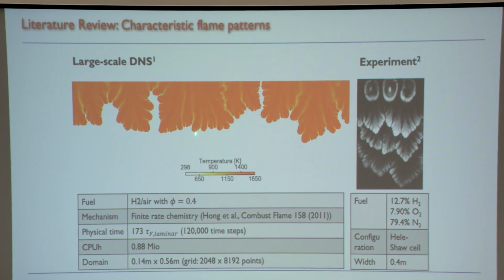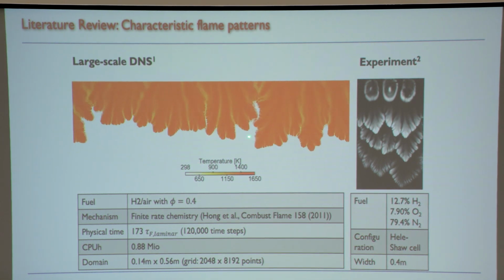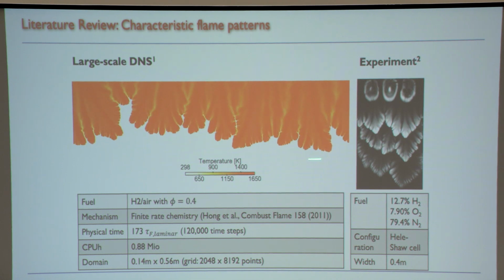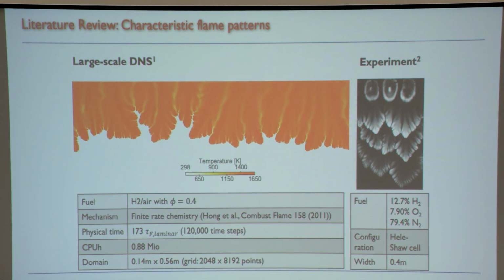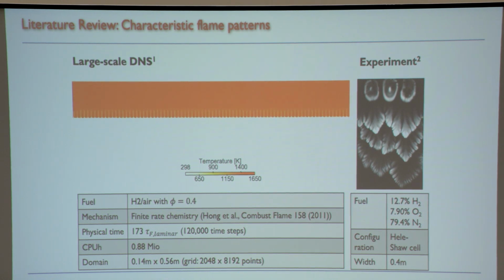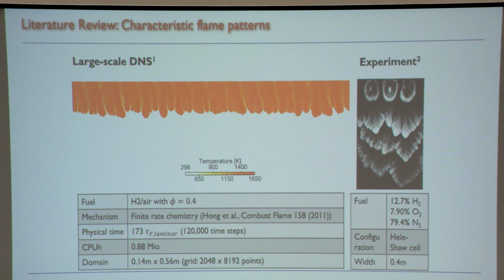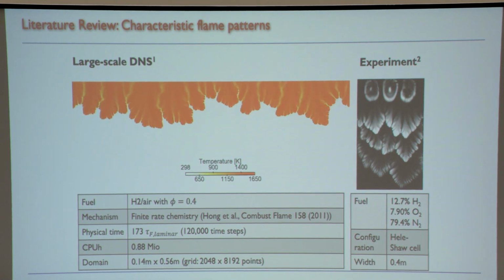You get these fingers here, and you see the fingers move very fast, and then they merge together and so on. And what we see here is that these flames, just because of the instability, burn 4 or 5 times faster than without the instability. So this is a huge effect.